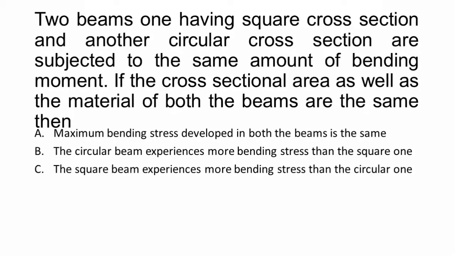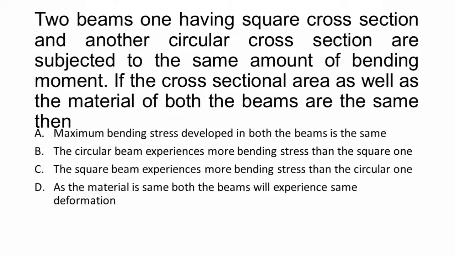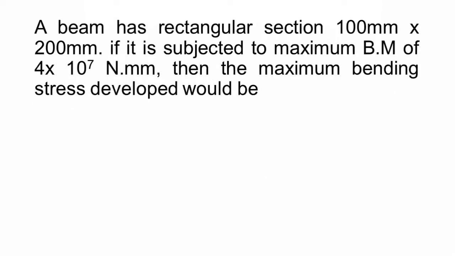Square beam experiences more bending stress than the circular one. As the material is same, both the beams will experience same deformation. So answer B will be correct. Circular beam experiences more bending stress than the square one. It is very much similar to the previous question which was just discussed.